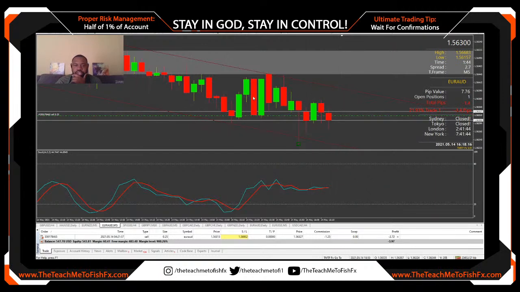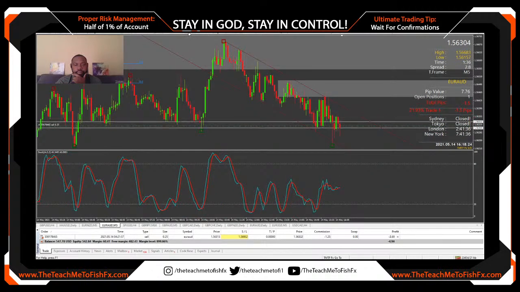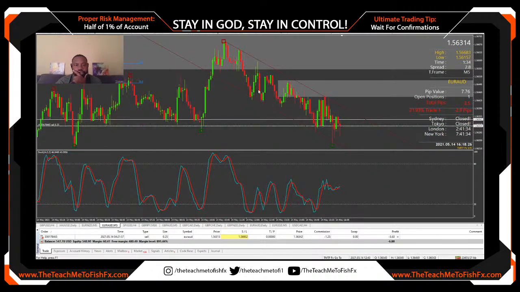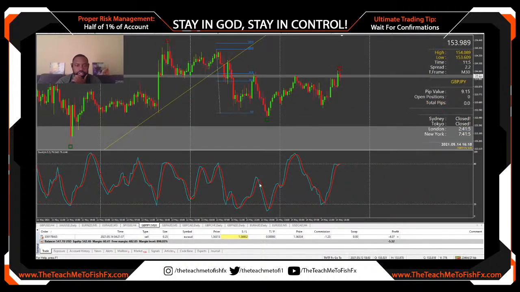So hopefully we can get this thing to just continue down. Again, we're in this bearish range here. It kind of opened up a little bit. So it's just EUR/AUD, just consolidating on the way down.